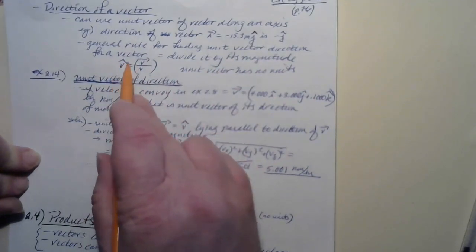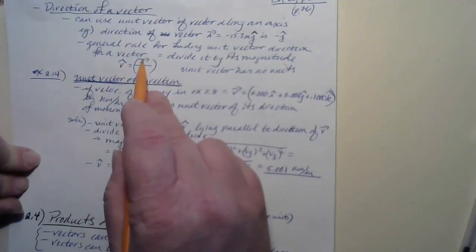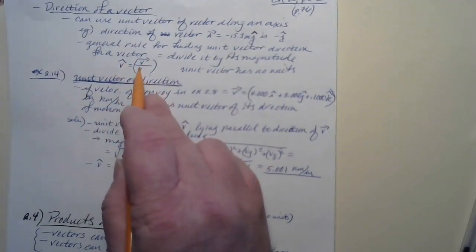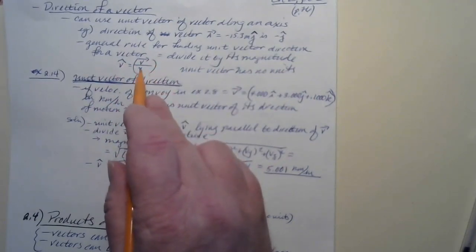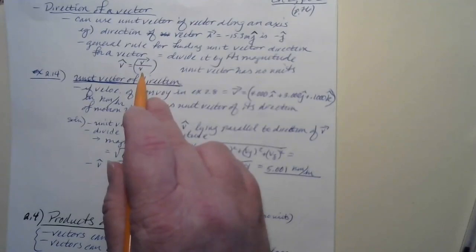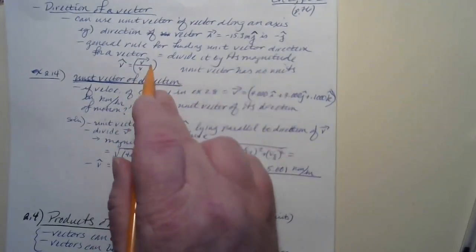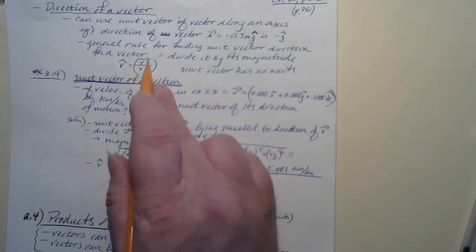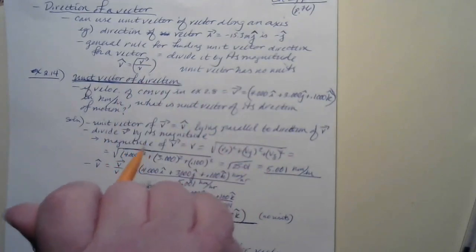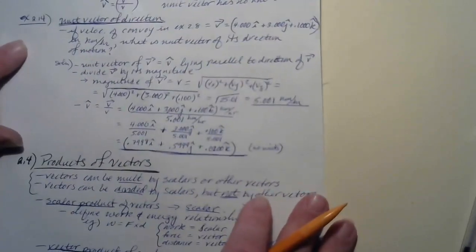So v with a hat on it is the unit vector for vector v, V with an arrow over it is the actual vector v, and v with nothing over it is the magnitude of vector v. Keep in mind that the unit vector has no units, because the units for the vector and for the magnitude would be the same, so they cancel out. And a good example of that is example 214.